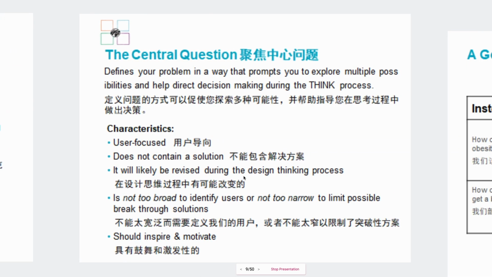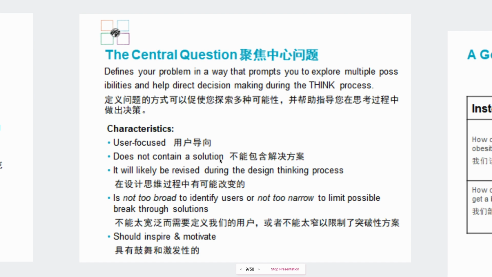Let's see the important factors of the central question. First, the central question needs to be focused on our user. Who is our user? The second is that it does not contain a solution, because if you have the solution in the central question, you will limit the creativity and the solutions.